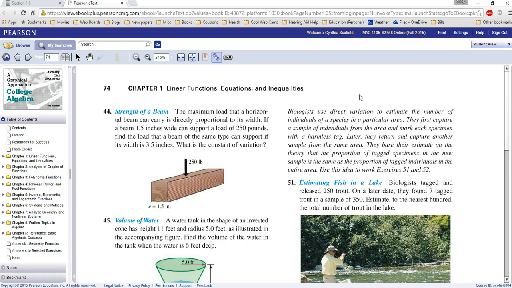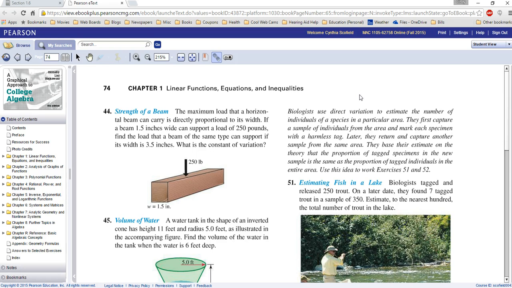All right, so we have a direct variation problem. As soon as you see directly proportional to or varies directly as, you know you have a direct variation question. They're saying that the load, the maximum load, is directly proportional to its width. Then we get the scenario that a beam 1.5 inches wide can support a load of 250 pounds.